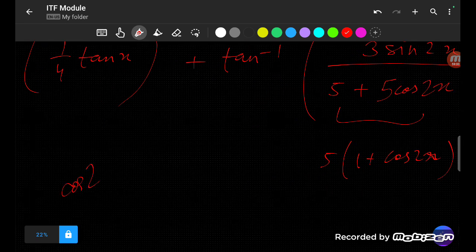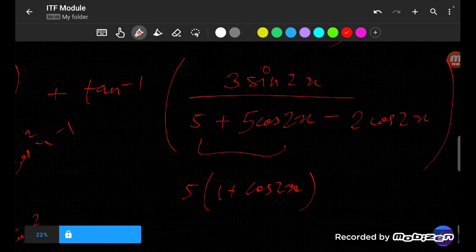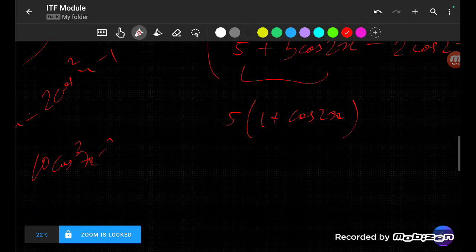So cos 2x is 2 cos square x minus 1, so this is 10 cos square x. Don't miss that there is more than that came from.